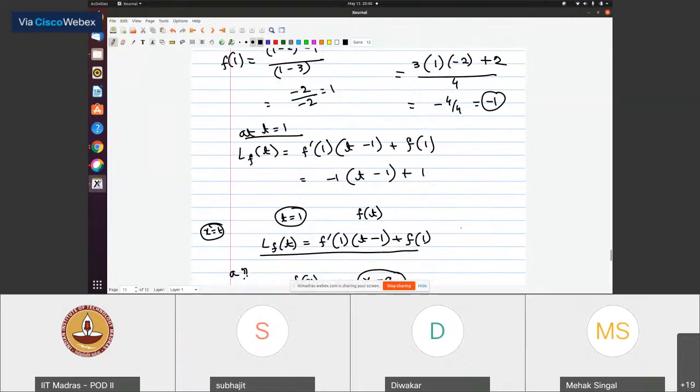F dash 1 is minus 1 and f of 1 is 1. So I put those values here and I am getting minus t plus 1 plus 1. So this is 2 minus t. Is it clear? Yes, sir. So there was this variable confusion between t and x.